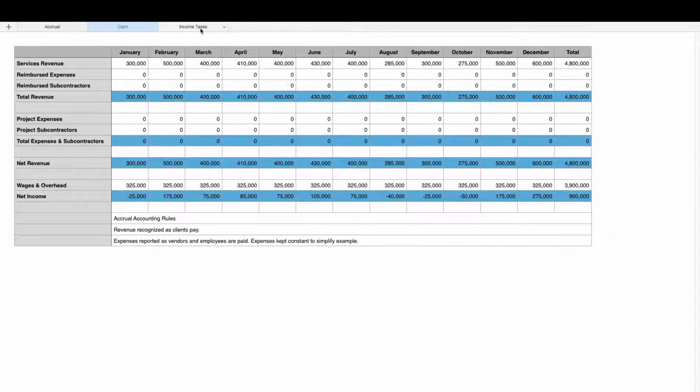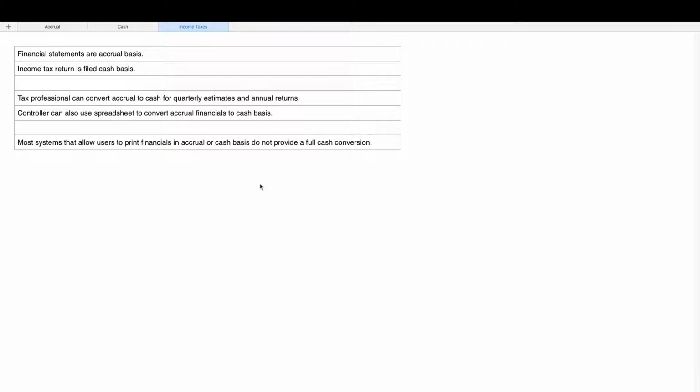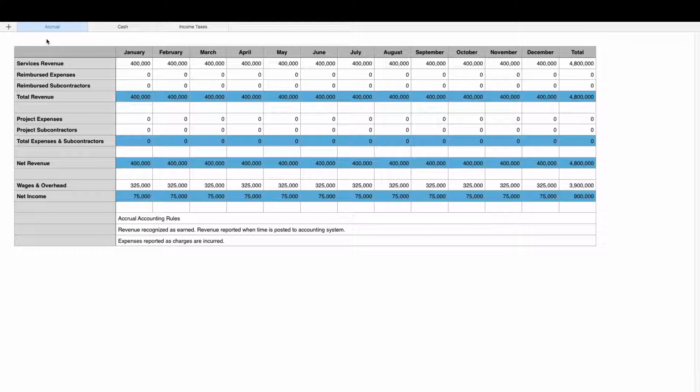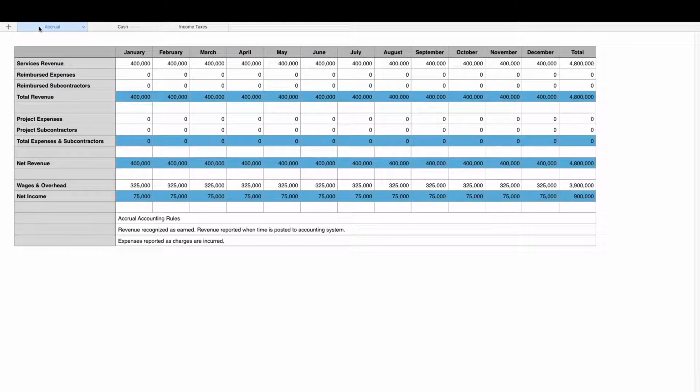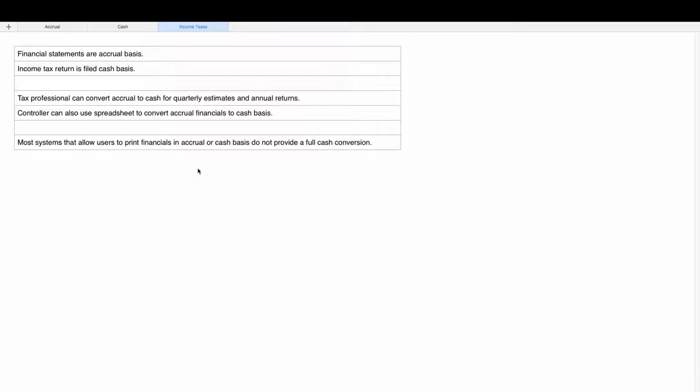So the key kickback is everyone wants to know, well, if we run financials on accrual, what happens to our income taxes? What happens is we run the financials on an accrual basis. Income taxes are still filed on a cash basis. The financial statements are given to the tax professional and they will convert the accrual financial statements into a cash basis tax return.